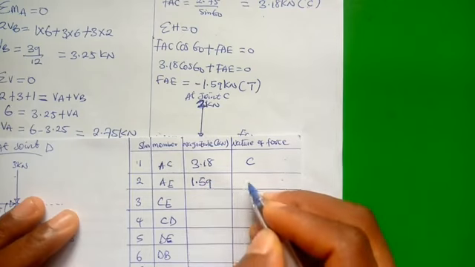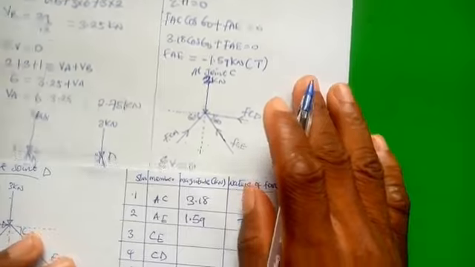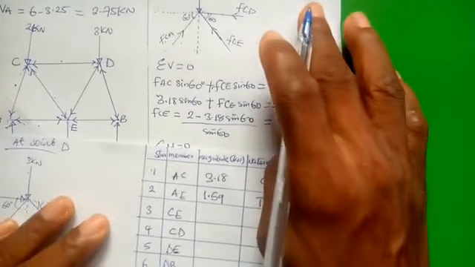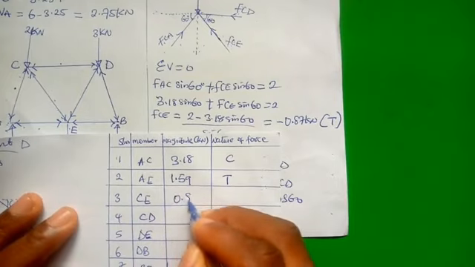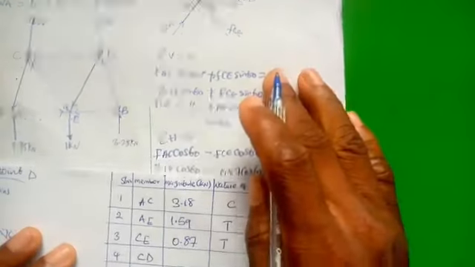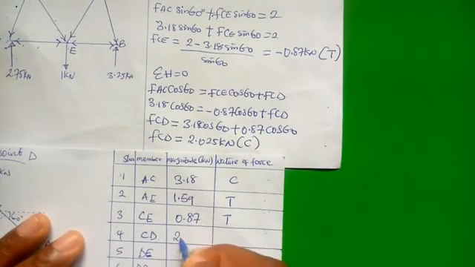The minus only shows that the direction you assigned is opposite of what it should be. Then for CE, member CE, we have 0.87 and it is tension. Then for member CD, we have 2.025 and it's compression.